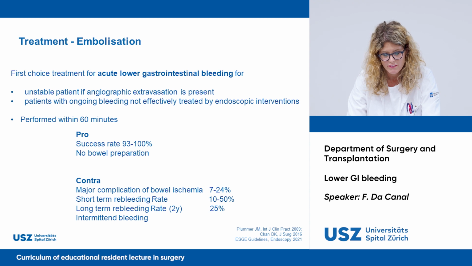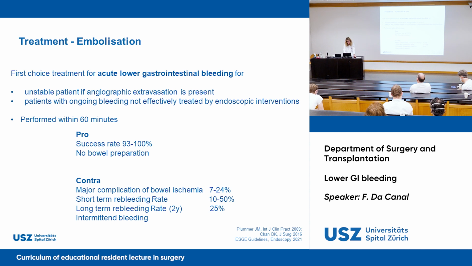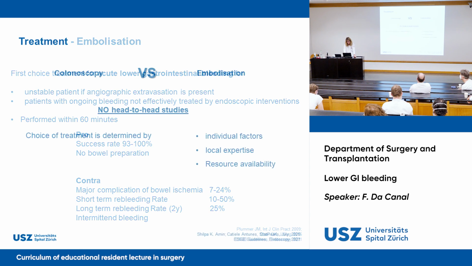It has even a major complication, such as bowel ischemia in 7 to 24% of the cases. It has a short-term rebleeding rate from 10 to 50% and a long-term rebleeding rate of 25% in 2 years.